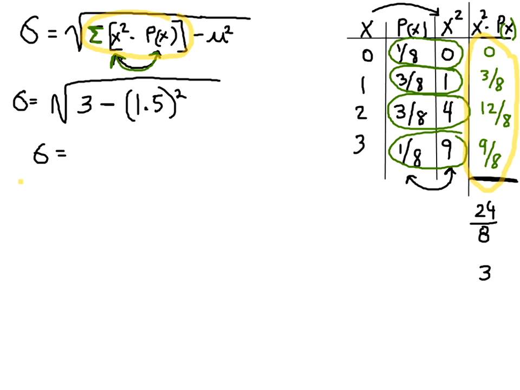Okay, so that's what we end up with, and some of you already have the answer to that. So don't forget to take the square root of that. So 3 minus 1.5 squared, and then make sure you take the square root.